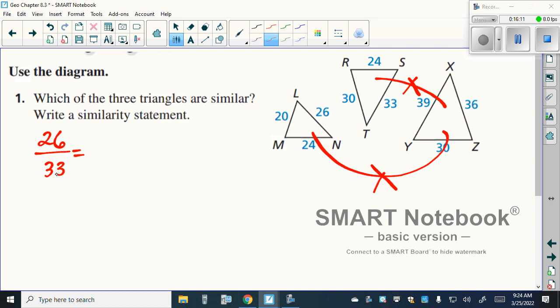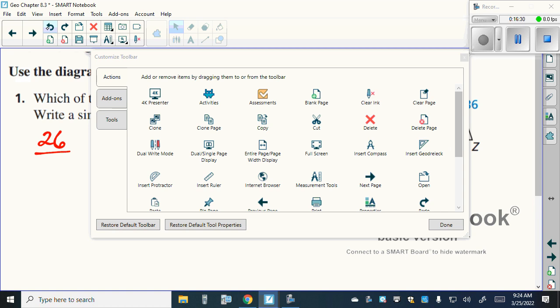And 26 over 33, something seems a little funny. Back up. I want to see what we did on the last one.